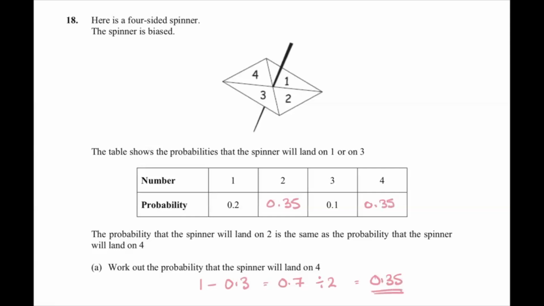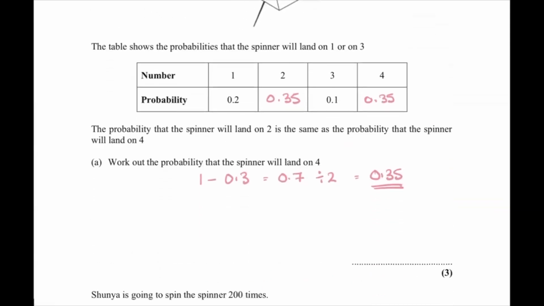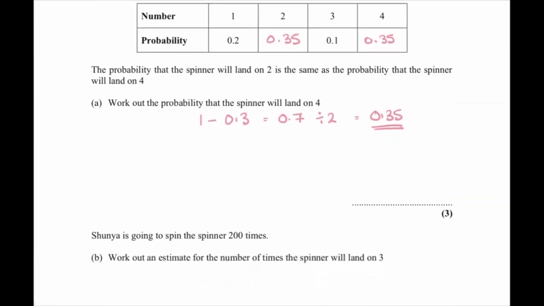Now Shunya is going to spin the spinner 200 times, and we need to work out an estimate for the number of times the spinner will land on 3. Now the probability that it lands on 3 is 0.1. So it's going to be 0.1 of the 200 times, of means times in maths. So we create this, and our calculator tells us that's 20.